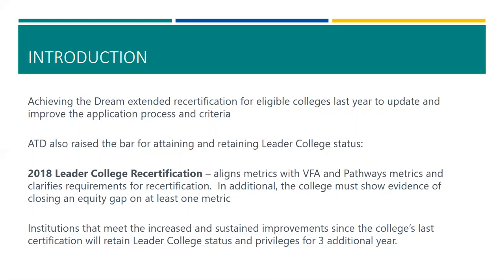This change reflects the commitment to equity that is expected of all Achieving the Dream colleges, as well as the acknowledgement that closing gaps is long-term work. Institutions that meet the increase in sustained improvement since the college's last certification will retain Leader College status and privilege for 3 additional years.